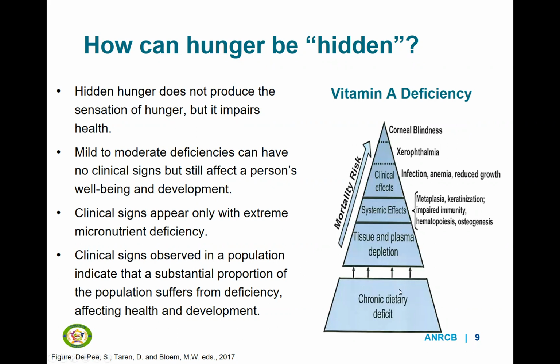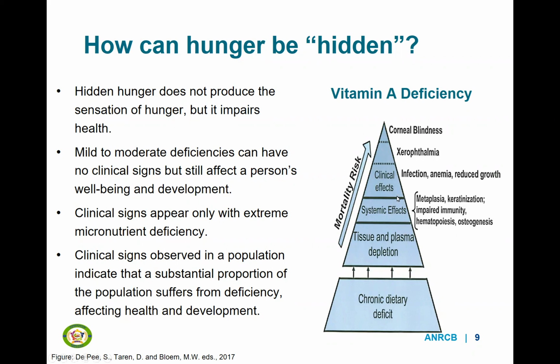As this continues, this will lead to a depletion within the body of that nutrient. And as that continues even further, you start having systemic effects within the body. So you might find that immune function is impaired or compromised. You might see production of blood or the growth of bone being affected.